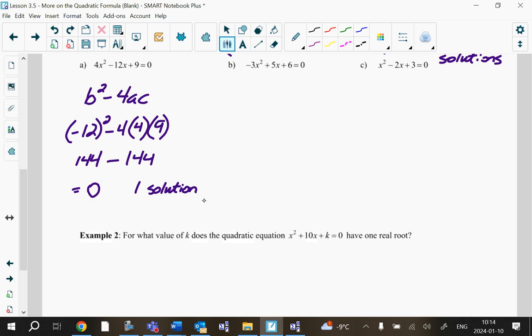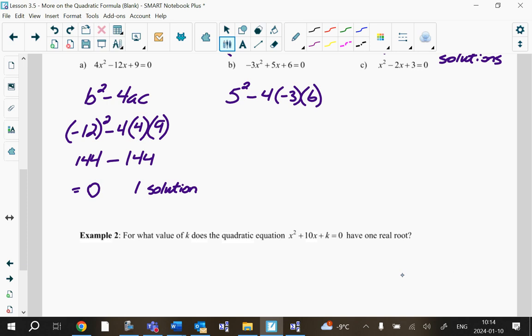That tells you how many solutions. Notice I don't have to put parentheses around the 5 when I square, only if it's negative. You can put parentheses if you want, but you don't need to when it's positive.